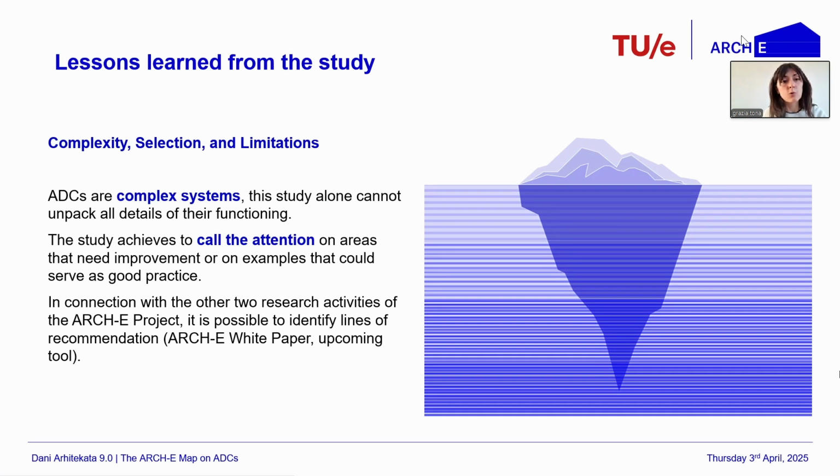One aspect that we should consider is, of course, the limitation of this study, which does not have the ambition to unpack every single detail of the competition process of each single country that participated in the study, but rather we try to call attention to specific areas that might need improvement or that can represent an example of good practice for other contexts.